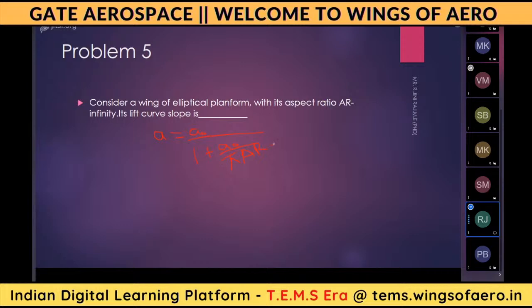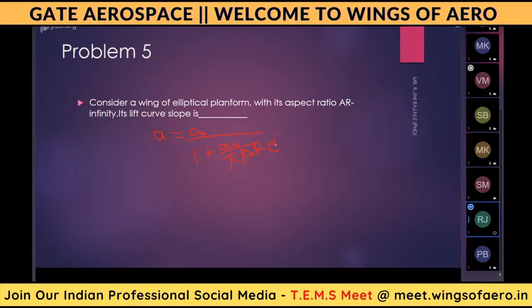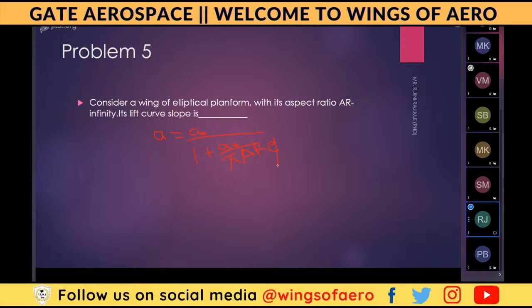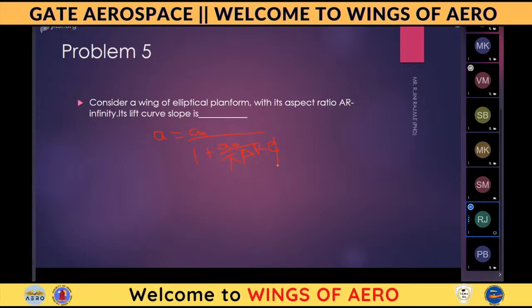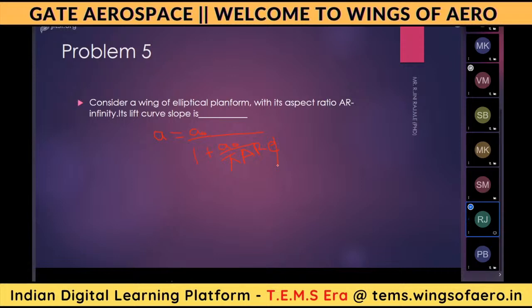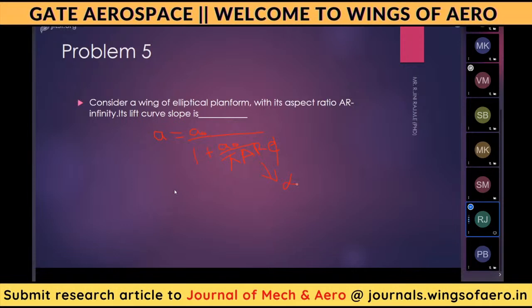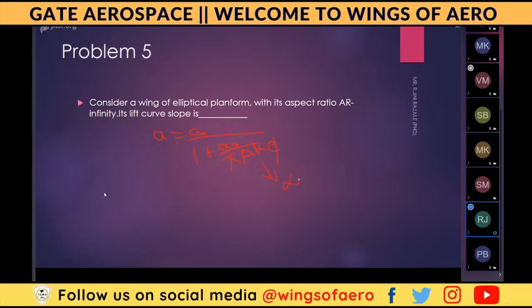Here we will have another term, e, but e equal to 1, so I am neglecting that term. The remaining formula is A equal to A naught divided by 1 plus A naught divided by pi AR, for elliptical planforms. Here the aspect ratio value is given as infinity. So substitute the value.